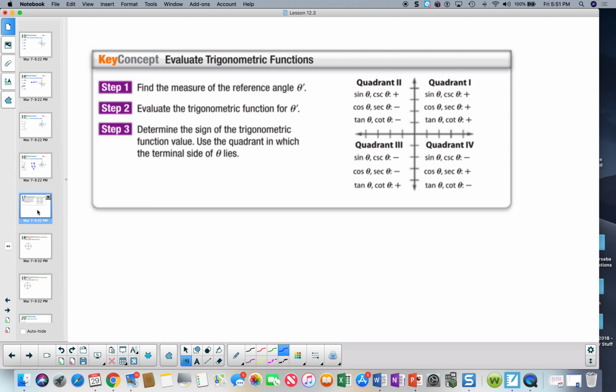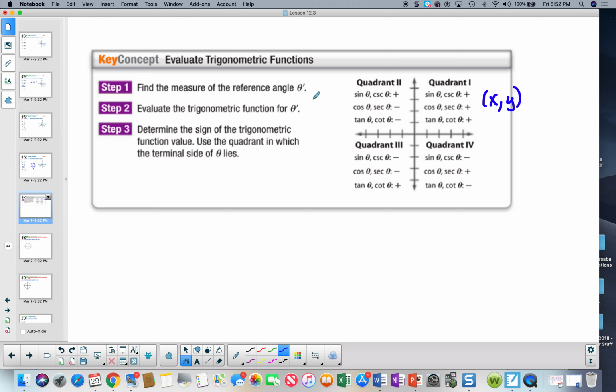All right, so depending on where the point is, that will determine whether each trig function is positive or negative. Here, everything is positive because the x and the y are both positive.